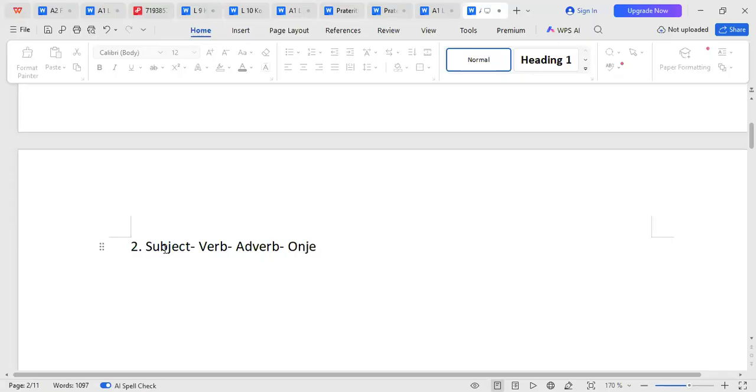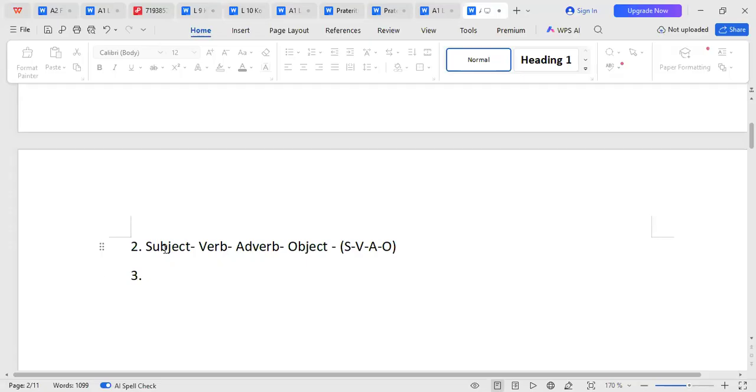This sentence structure is abbreviated as S, V, A, O. It's another sentence structure.